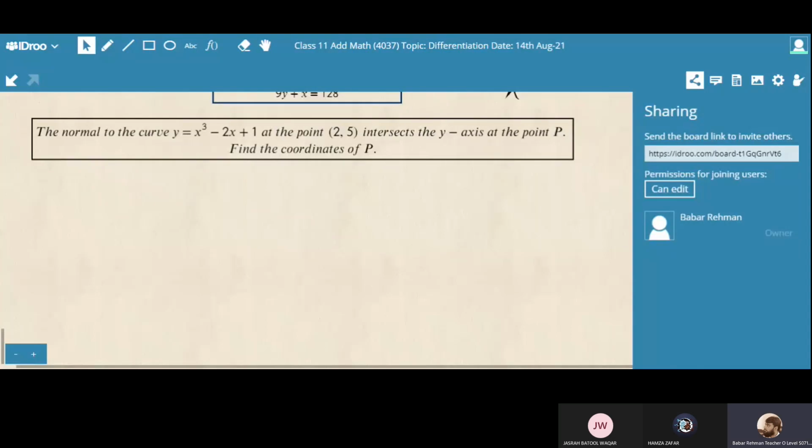Yes, Hamza Zafar, done? No, sir, doing. Yes, Jalsa, have you done? What is the gradient? What is the gradient?